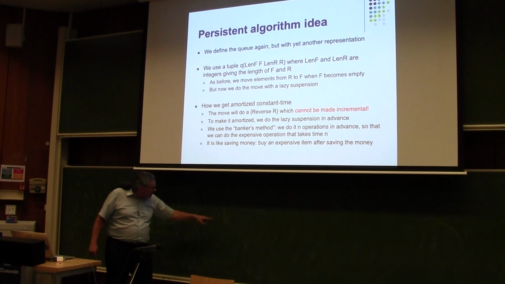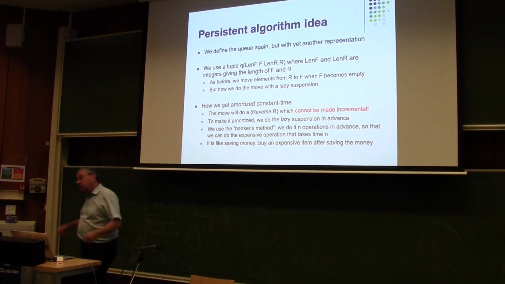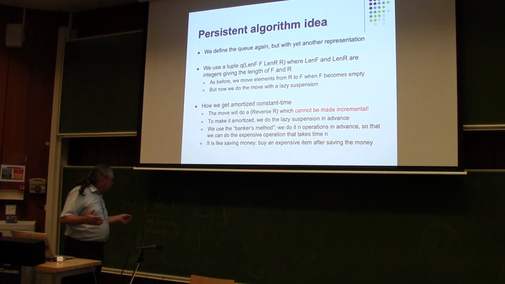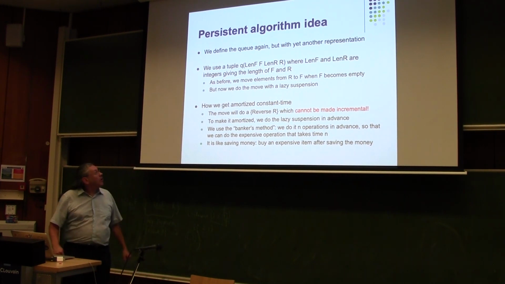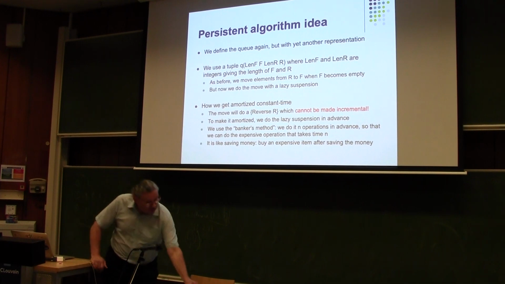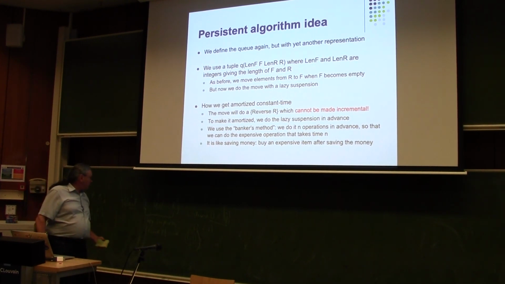That means in order to get the 3, I have to go all the way to the end. Basically, I have to do all the work. I can't make it incremental. There's no way to make the reverse incremental, okay? So how do we make our thing amortized? So the trick is we still want an amortized bound. So we have this expensive operation, reverse, okay?